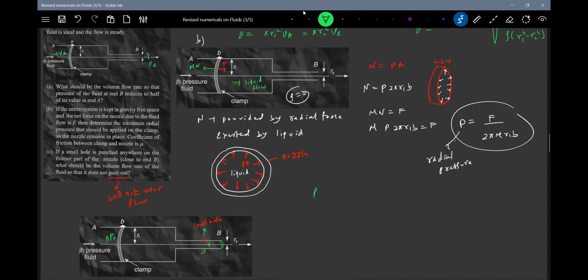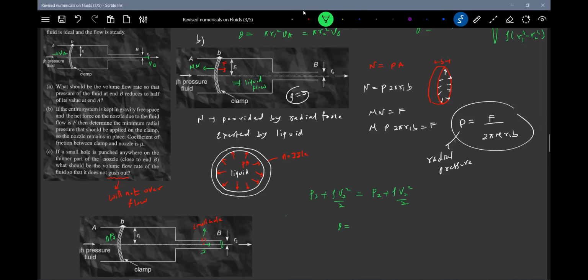So now pressure energy, P3 plus rho V3 square by 2 should be equal to P2 plus rho V2 square by 2. What should be the flow rate is asking.